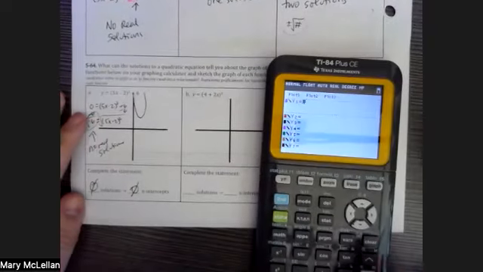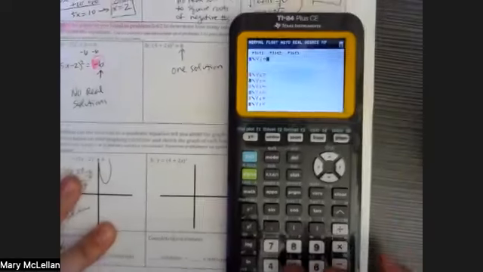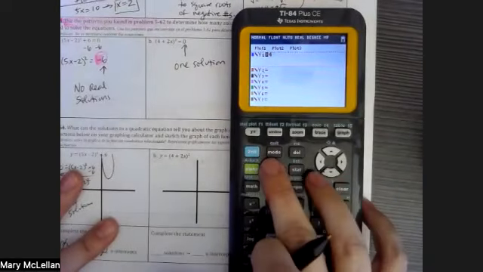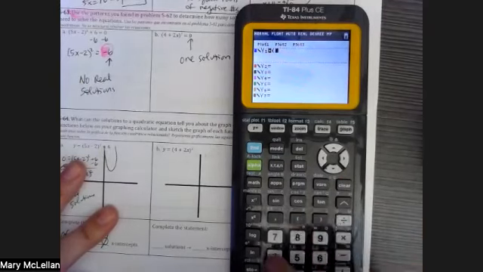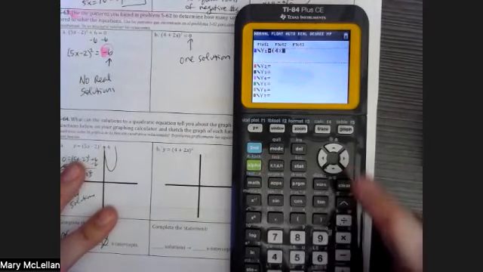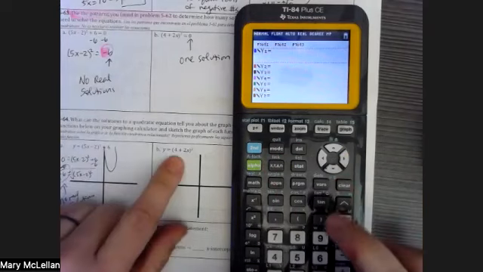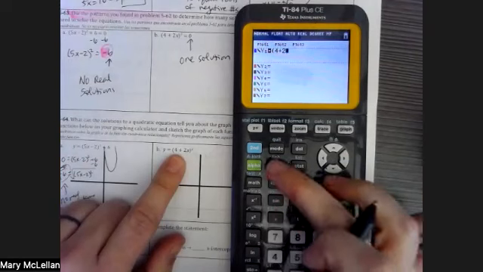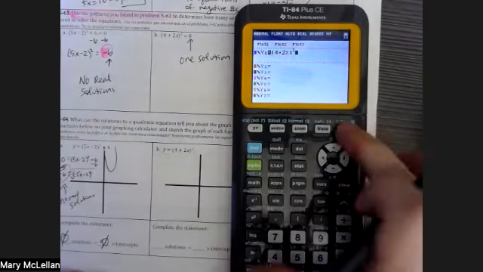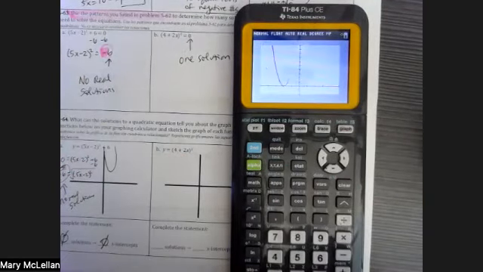Y equals, this one says 4x. Oh, I need parentheses. Nope. Still getting it wrong. Okay, careful. 4 plus 2x, quantity squared. Graph. Beautiful.